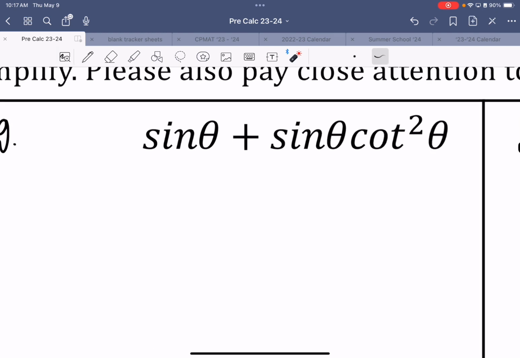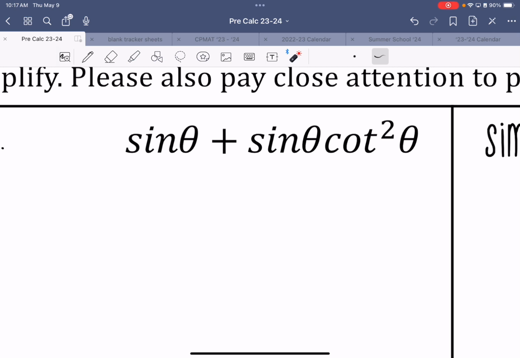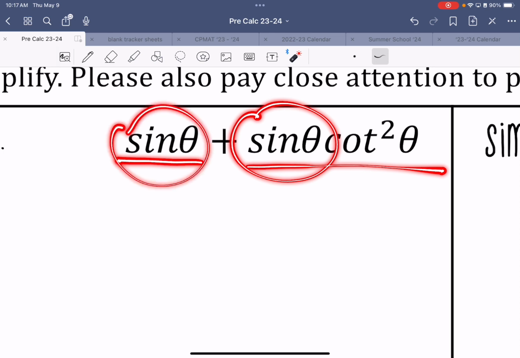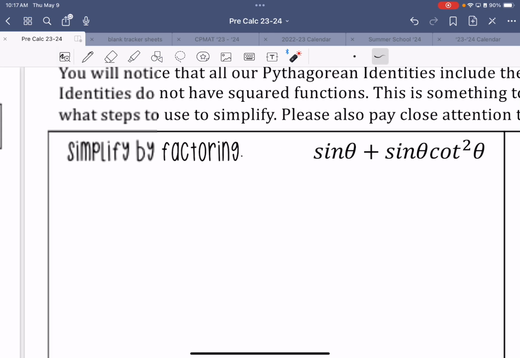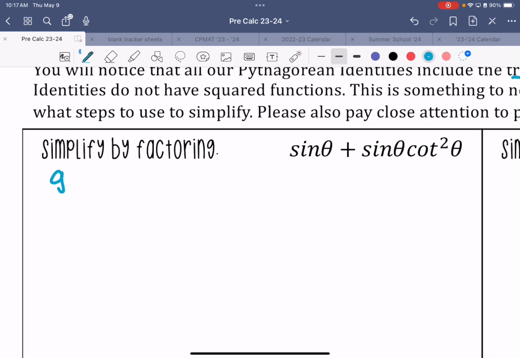So let's see. I told you to factor. What we're going to do is take out a greatest common factor. You'll notice this term and this term, they both have a sine in common. So I could take that sine out the front by dividing it out. So I'm going to put over here GCF sine of theta. You didn't think factoring was coming back? Here it is. It's going to be there forever.